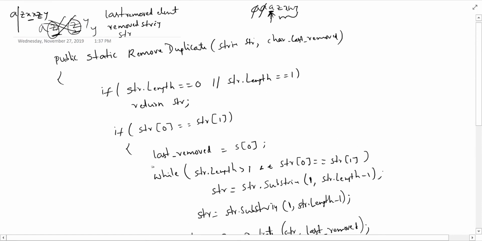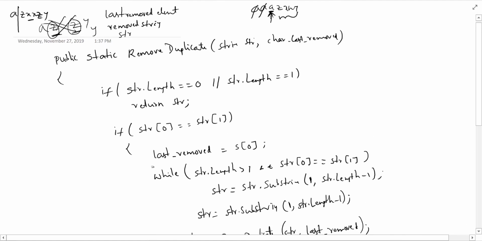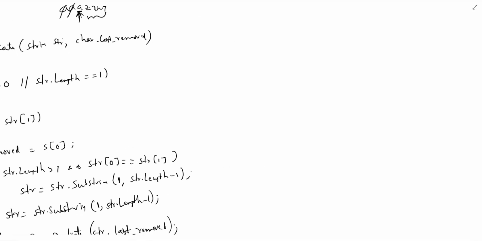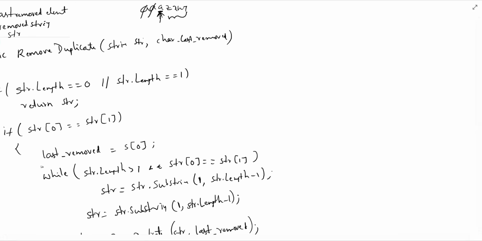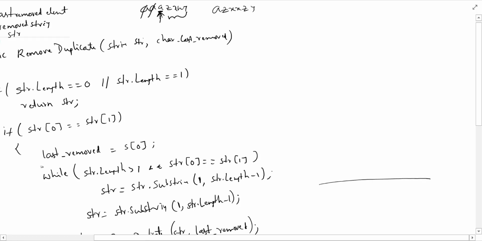So if we execute this, we can explain this with the call stack. Let me explain this with the call stack. The very first string is A Z X X Z Y. What is the first call? In the first call, the string is AZXXZY, and the last removed is null, right?